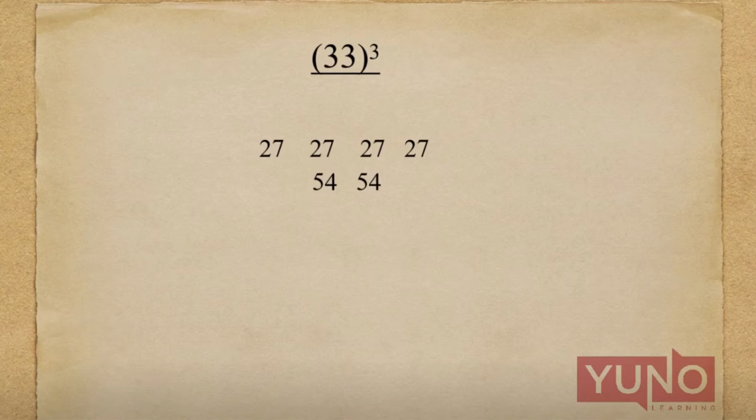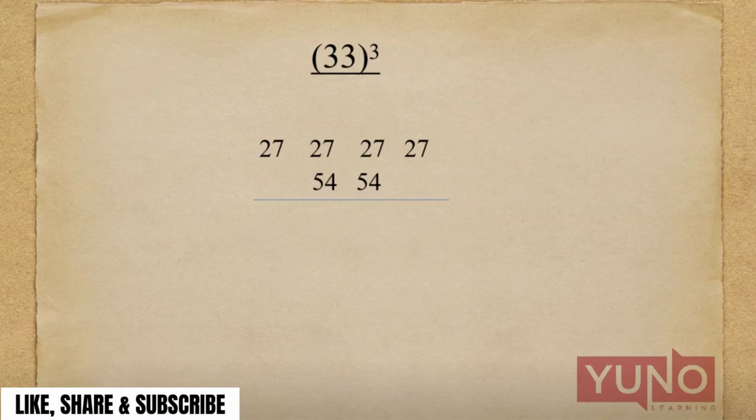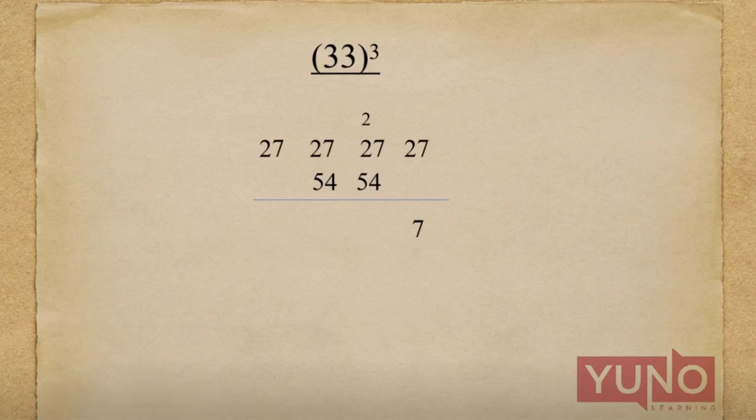As a last step, you just need to perform a very simple addition. To perform this addition, I will start with the unit place. At the unit place, there is 27. But in the answer, out of 27, I will be writing only 7 and 2 will be our carry. Now, 27 plus 54 is 81, and 81 plus 2 is 83.